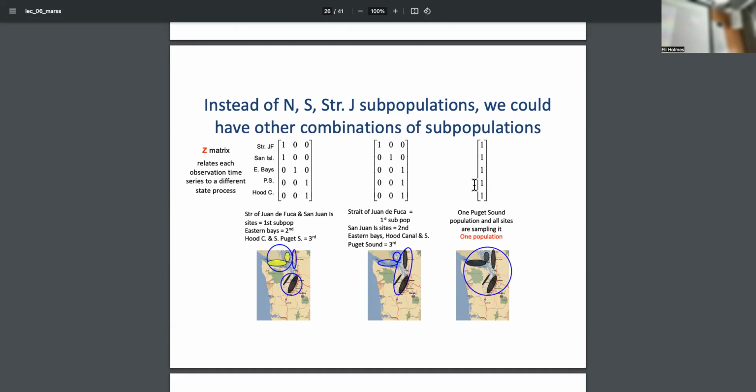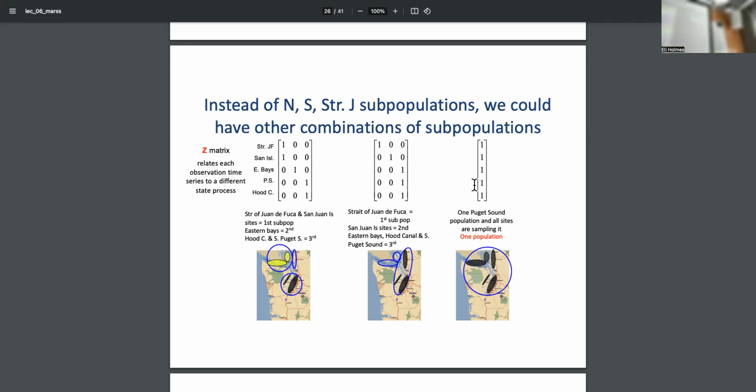This is our Z, and we just have one X. Each of these is observing this X. They look different because we can have different scaling, they can be moved up and down relative to it. And also they can have different variances. Some of them could have really high variability and others really low variability. So we can test whether that structure is consistent with our data.